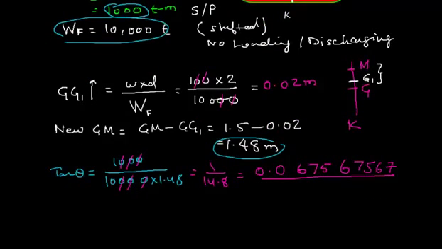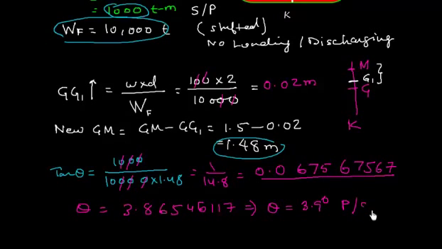So tan inverse of this value will give me theta, which is 3.8654617, or simply theta is equal to 3.9 degree port or starboard. It will depend on where the grain has shifted.